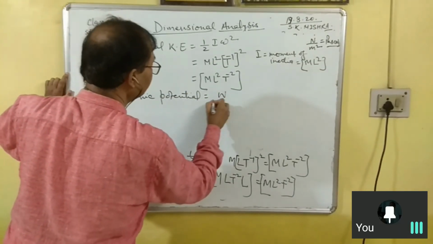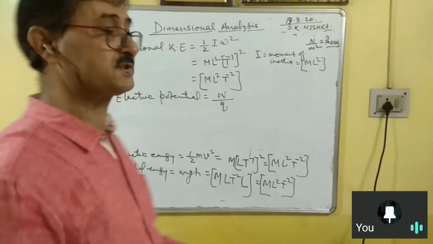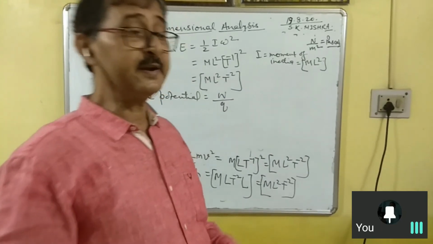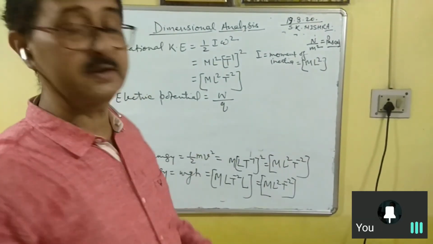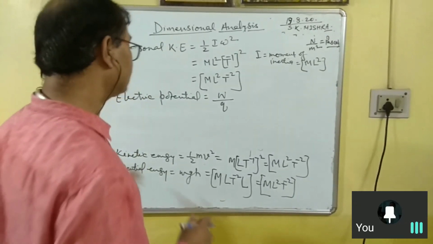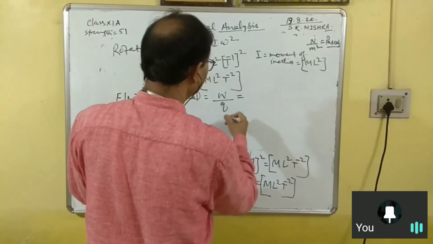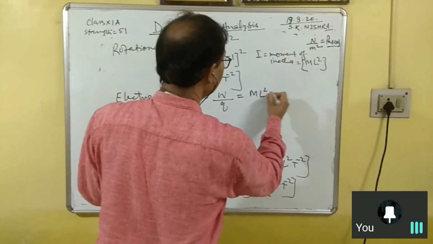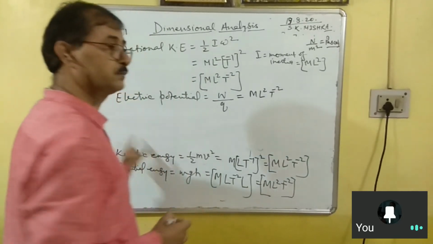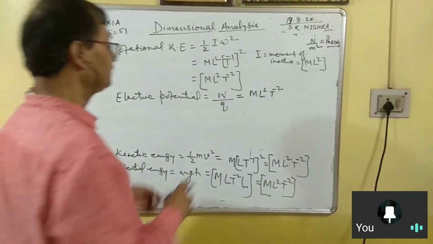Work done in bringing a unit charge, that is work done per unit charge, in bringing it from infinity to that point is called electric potential, and that electrostatic potential is equal to W by Q. Now W is the work done, so ML²T⁻².